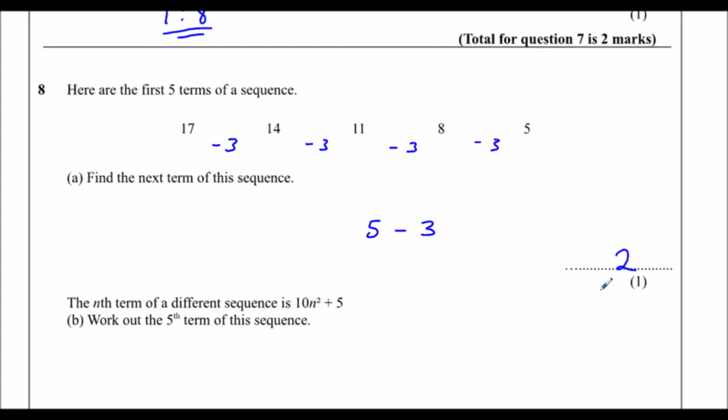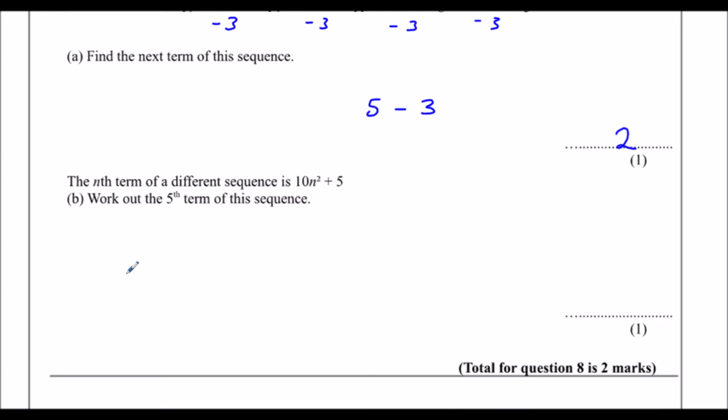Part B, the nth term of a different sequence is 10n squared plus 5. Work out the fifth term of this sequence. So to find the fifth term of a sequence, we substitute 5 in for n.